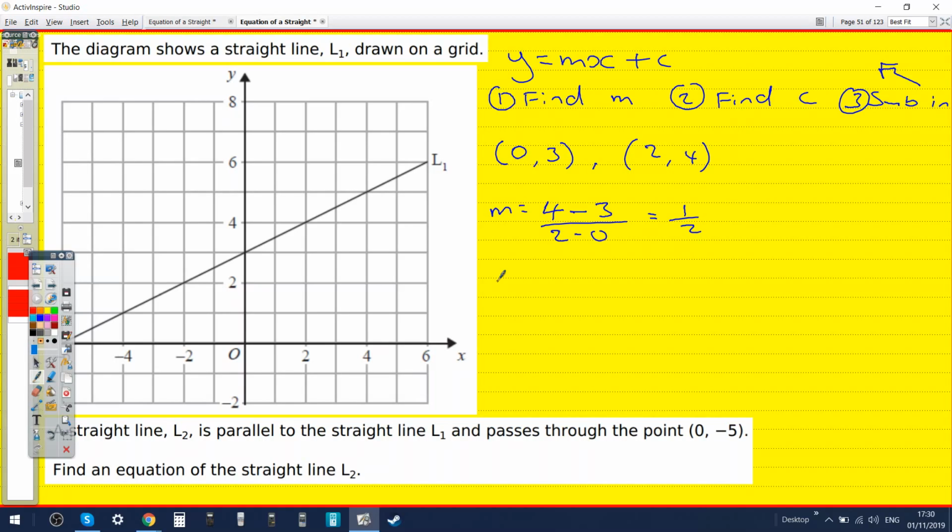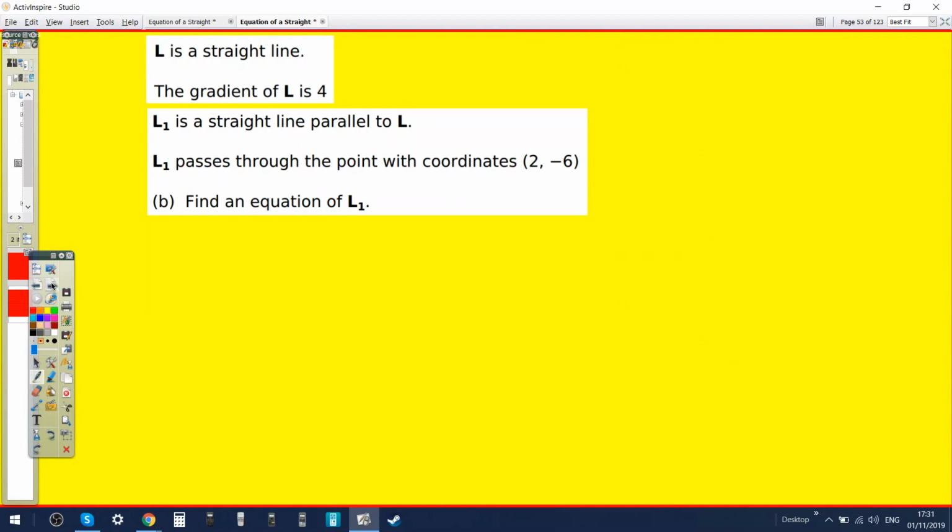You could, but just by looking at the line, can you see what c is? Yeah, 3. And then y equals a half x plus c, which is 3. And so y equals a half x plus 3. That's it. Great. So you find the gradient, you find the intercept, and sub them in.